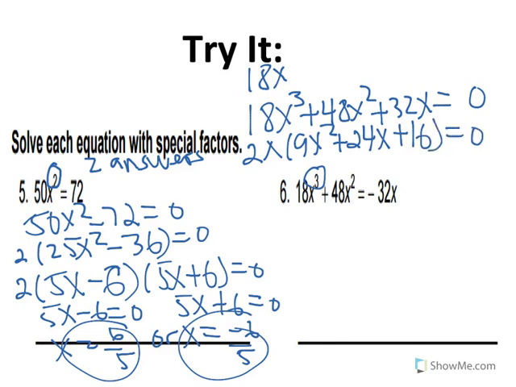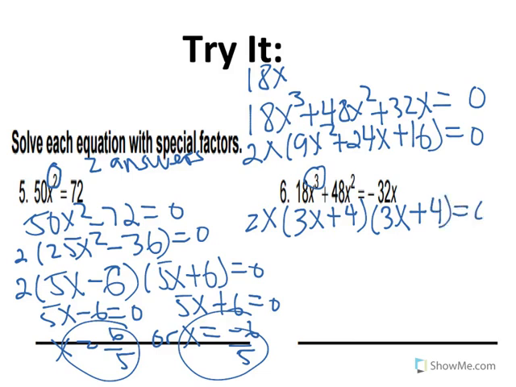And 9 is a perfect square, 16 is also a perfect square, so it gives us 2x times (3x plus 4) times (3x plus 4) equal to 0. Remember, we said that we need 3 answers, right? So either x equal to 0, or 3x plus 4 equal to 0, and 3x plus 4 equal to 0.